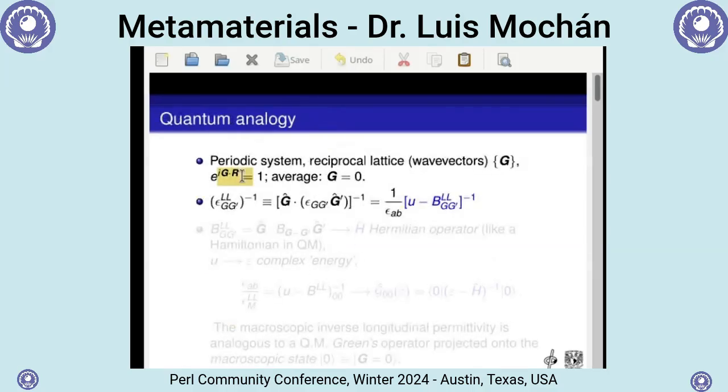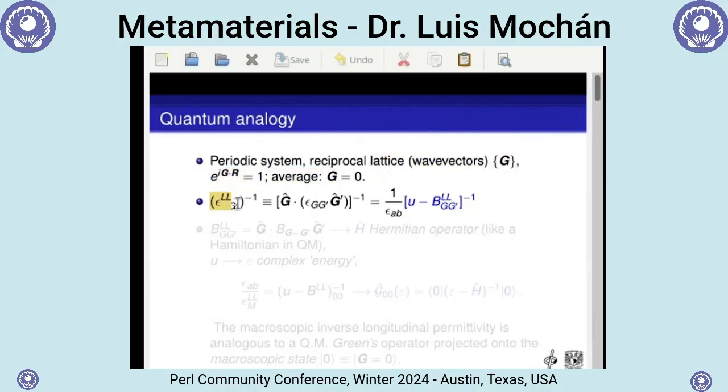That defines this R lattice, the R vectors. And you have a reciprocal lattice, which are those wave vectors corresponding to waves that don't change phase when you go from one site to an equivalent site. So one can describe a crystal in terms of this reciprocal lattice.